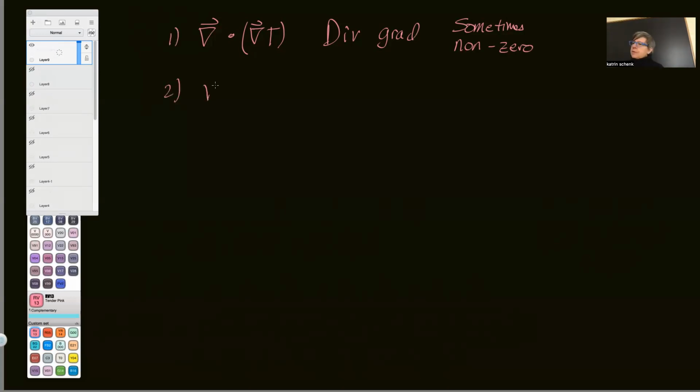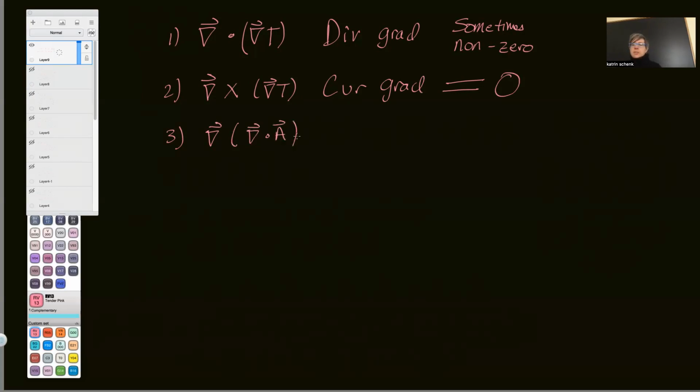However, if you take the curl of a gradient, you always get zero. This is curl grad. Zero, always. It does not matter what that T is. Okay, third, you could take the grad of a divergence, because the divergence is a scalar, right?